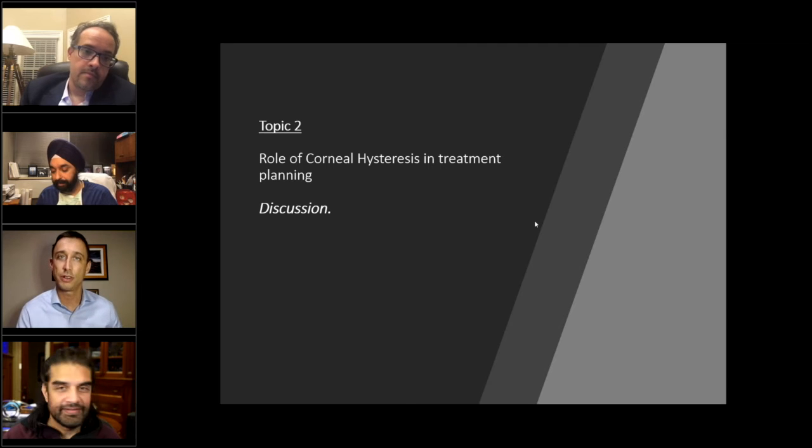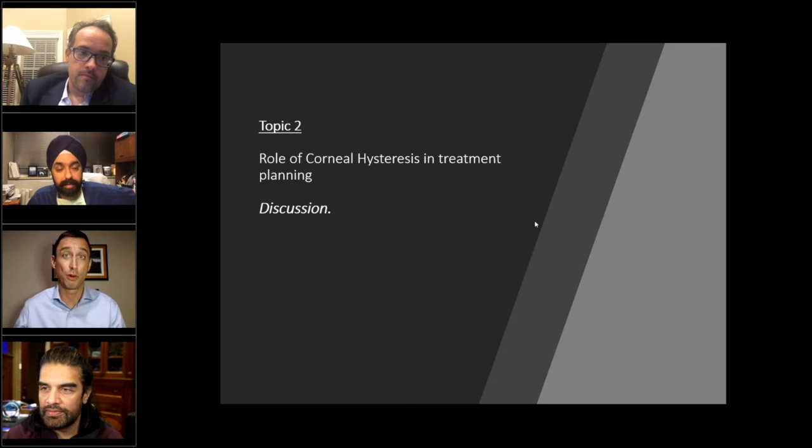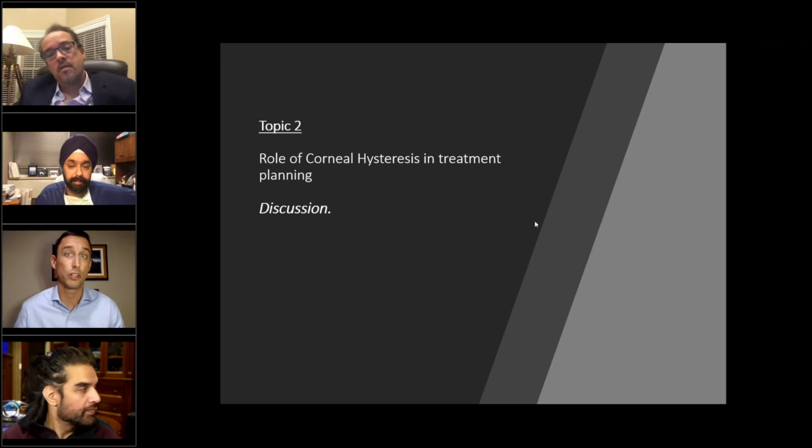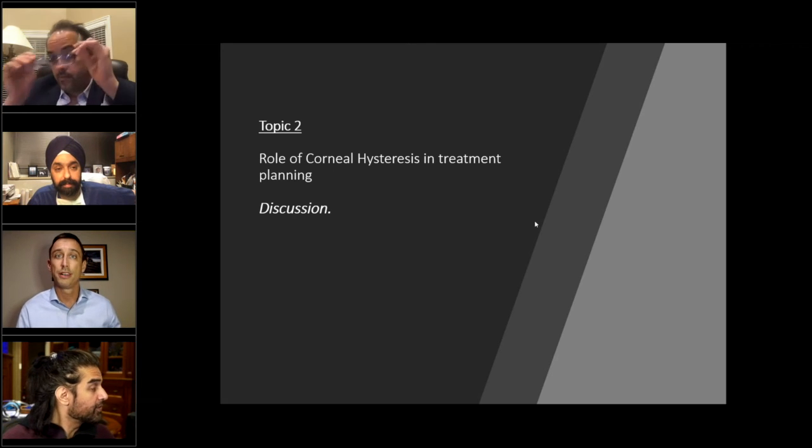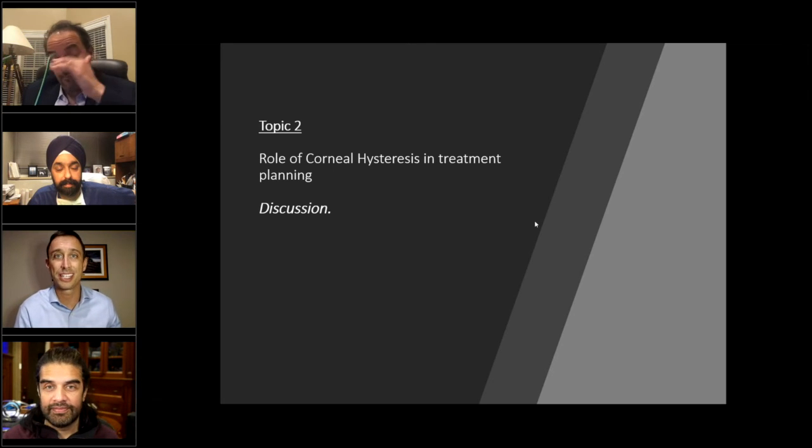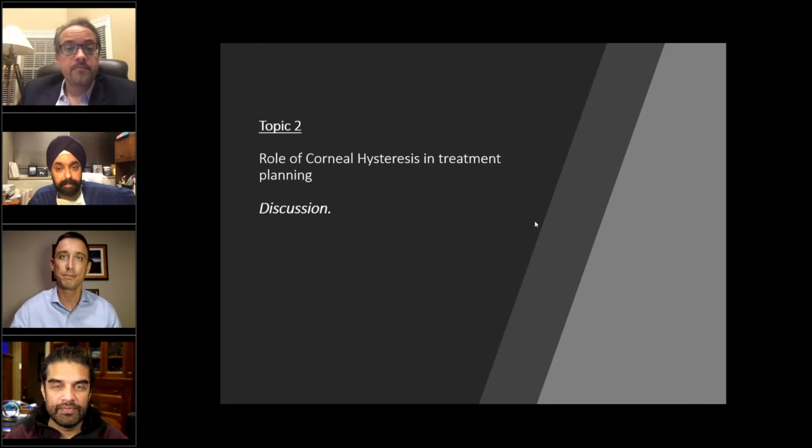But that low hysteresis is going to make me say, I need to probably drive this pressure a bit lower, and my intervention may be different as well. I may refer for surgery, to a surgeon like one of you, earlier than I would where I might keep them if it was a high hysteresis and just treat with medications.